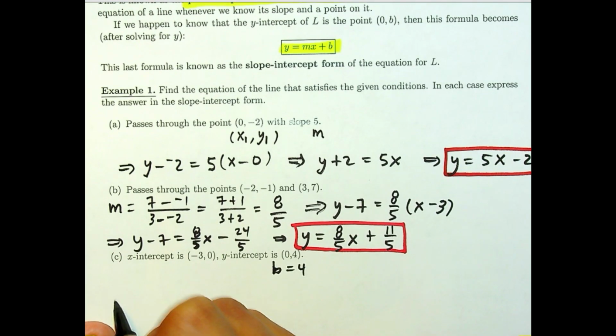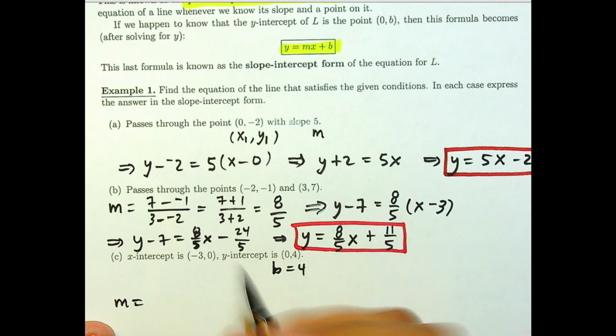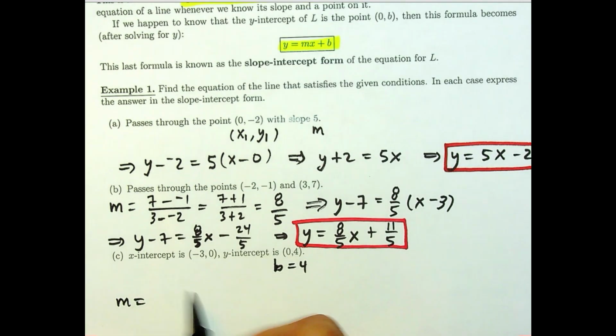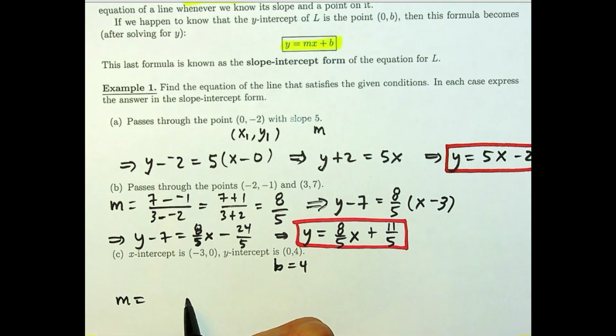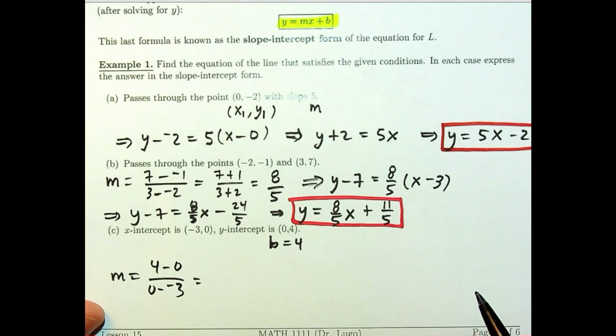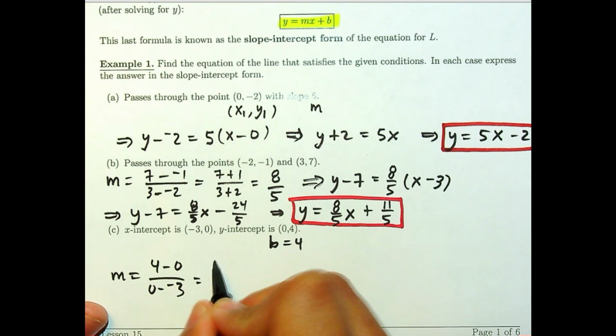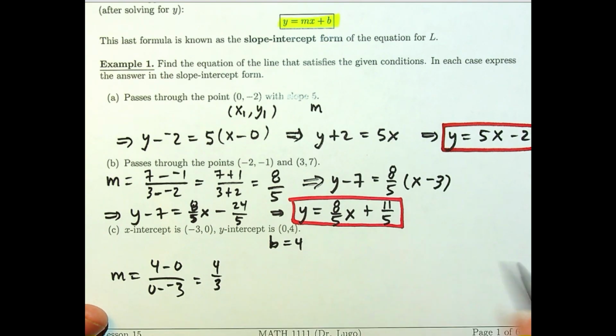M is going to be, you subtract the y's, so 4 minus 0 over 0 minus negative 3. And that is 4 over positive 3.